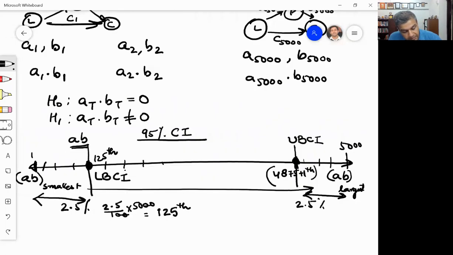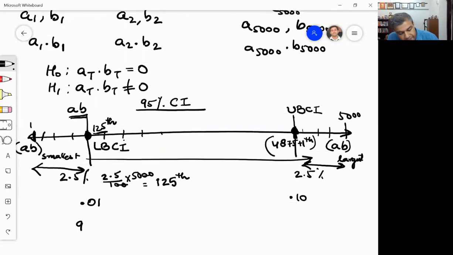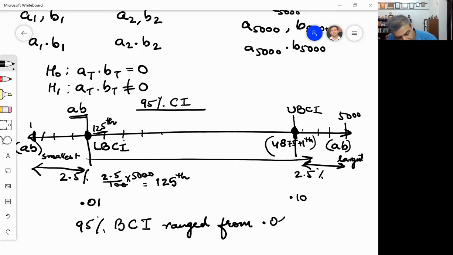So if, for example, the value on the 125th place was, let's say, 0.01 and here it was 0.10, you will say my 95% bootstrap confidence interval ranged from 0.01 to 0.10.